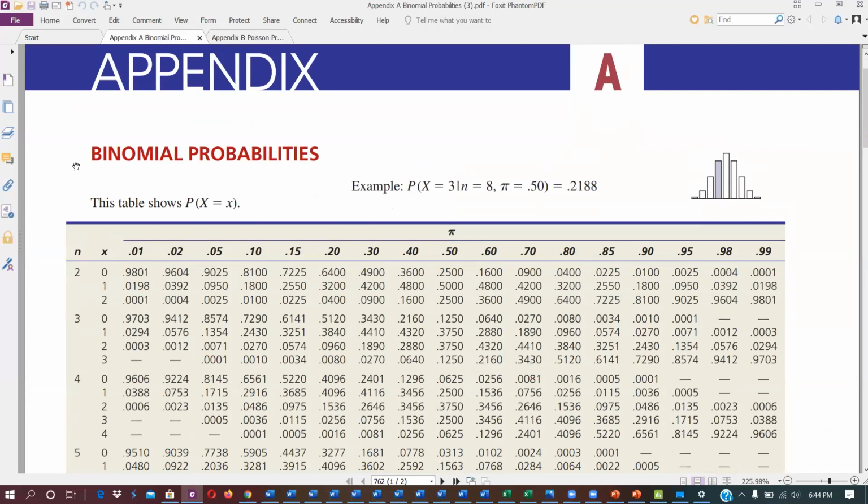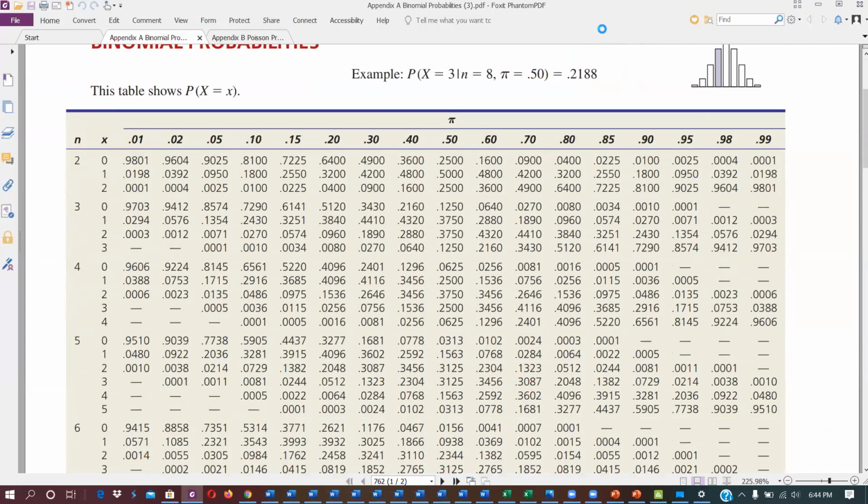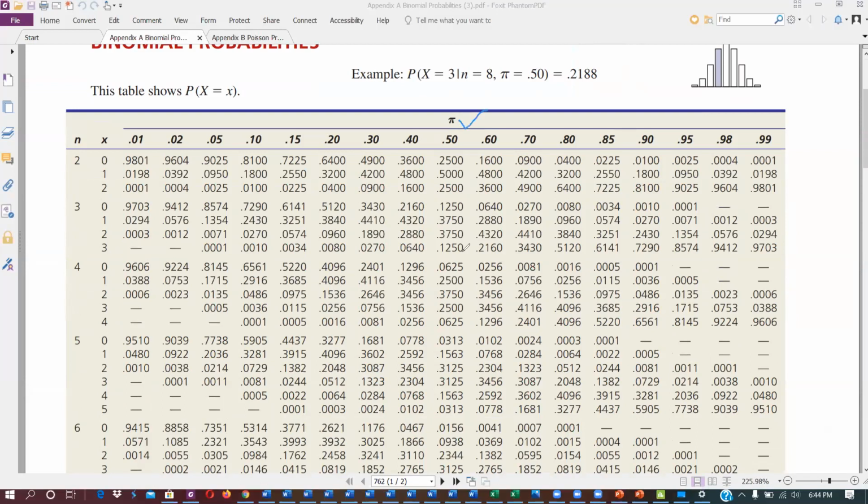If you can see this, these are the tables on the back side of the book. Here is the pi value, which is already a percentage.